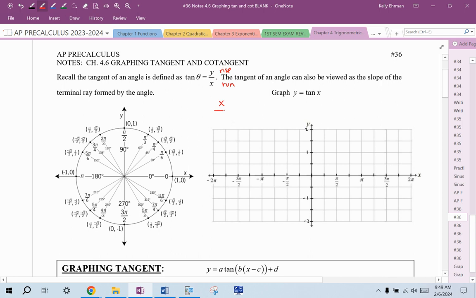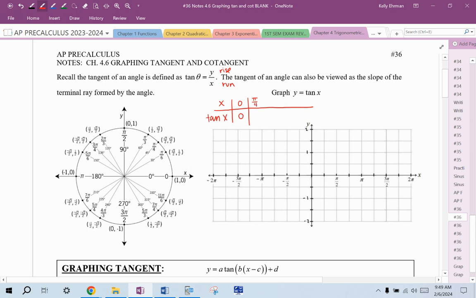Let's make a little x, y chart, input, output chart, just like we did for sine and cosine when we were first doing these. I'm not going to use all of the same ordered pairs that I did for sine and cosine, but I still want to start at 0. So if we do y divided by x at 0, we get 0. Let's do pi over 4 as an angle.